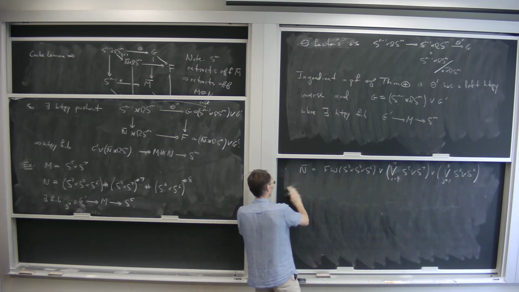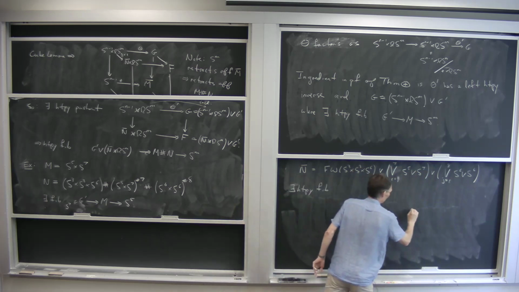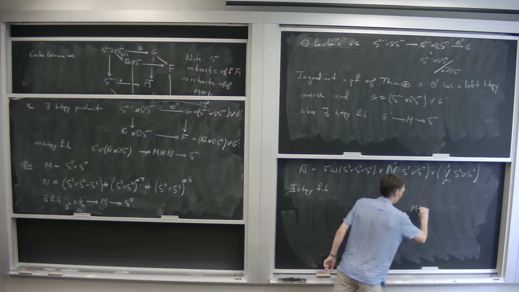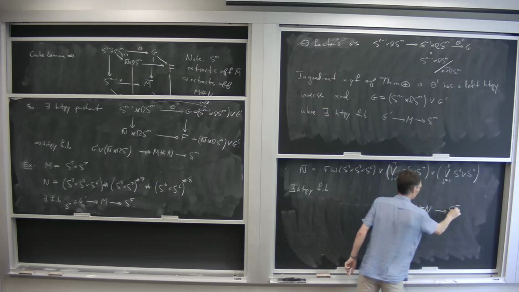And there's a homotopy fibration where you take M connect sum N, map it down to this S5.